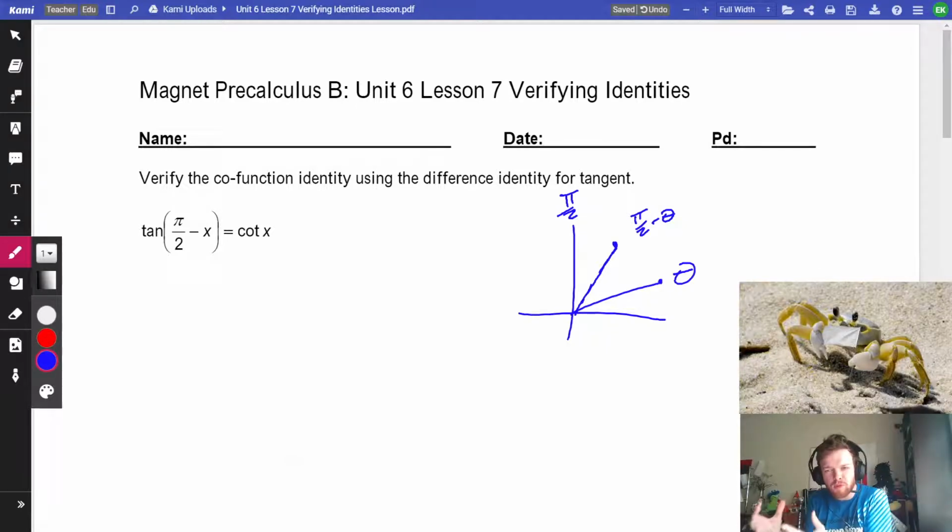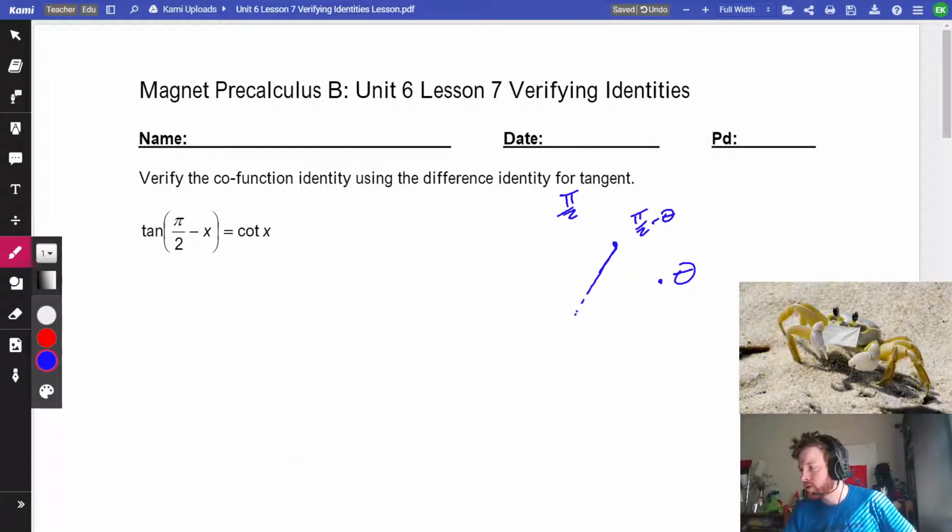All right, and we just wrote some coordinates. We kind of waved our hands and said tangent of pi over 2 minus x is equal to cotangent of theta. That's a cofunction identity, by the way. All right. But what I want to do in this video is prove the cotangent cofunction identity using the difference identity for tangent. So let me go ahead and erase this.